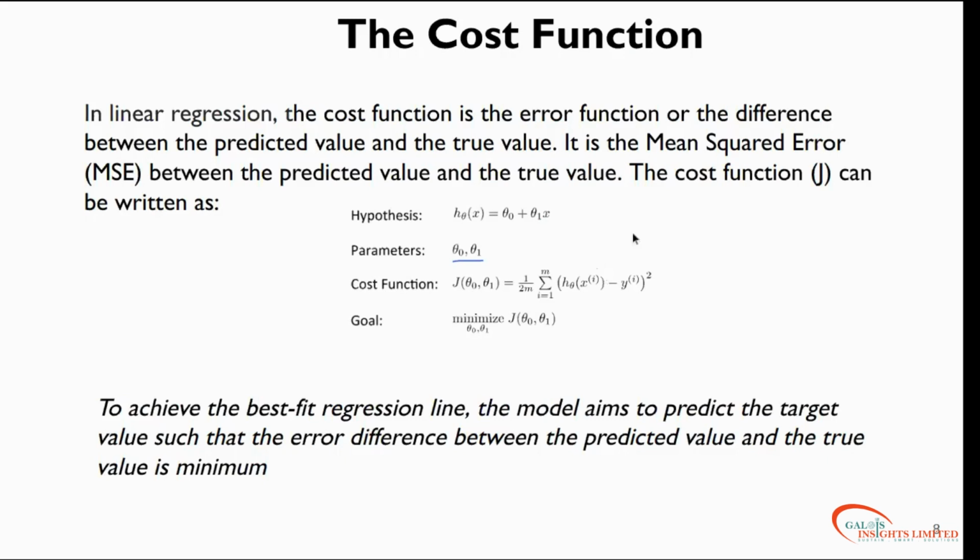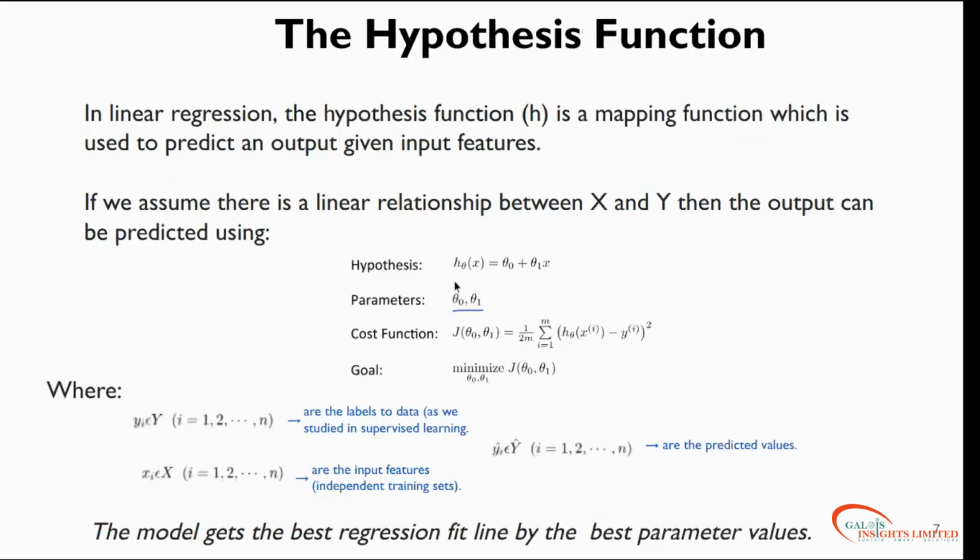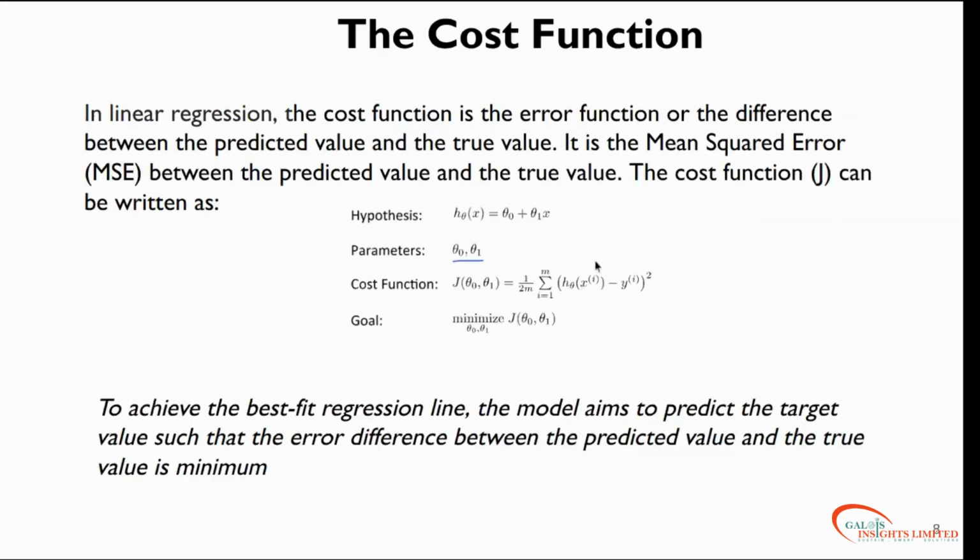And then h theta of x i is simply the hypothesis function that we have in here. So this is simply the hypothesis function, which is the function that does the prediction, minus the actual values of the data point.